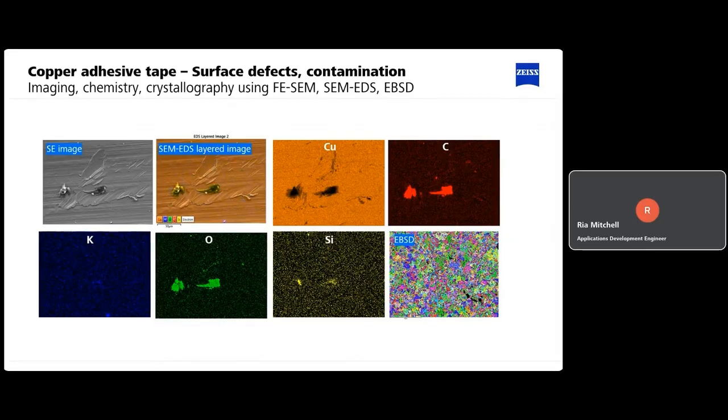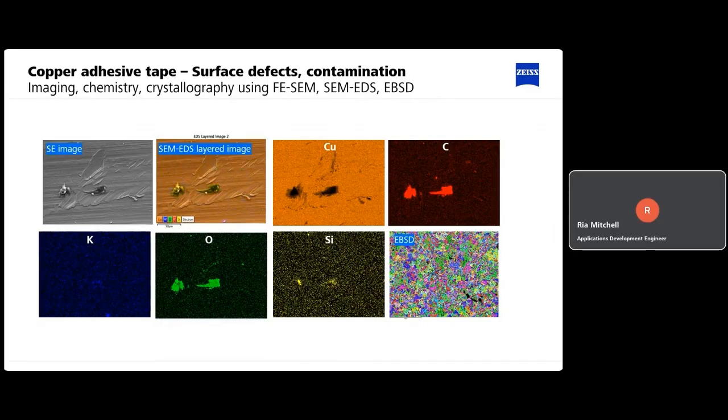We can also do things like EBSD, which is electron backscattered diffraction, which allows us to look at the crystallography of a variety of different samples. So in this case, we can look at the crystallography to understand how conductive it is and how well it works as a conductive medium.